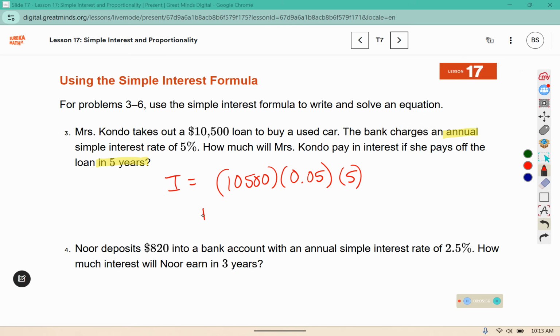So then we have 10,500 times 0.05 times 5, which is 2,625. So she's going to pay $2,625 in interest.